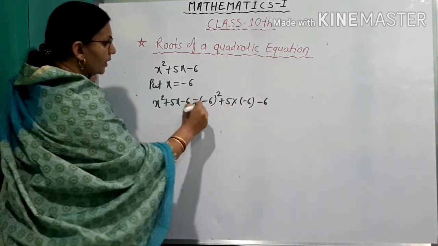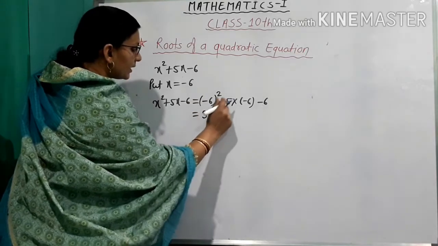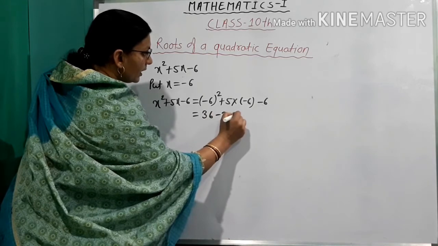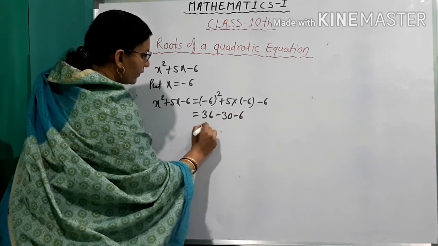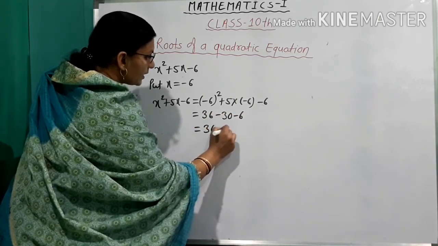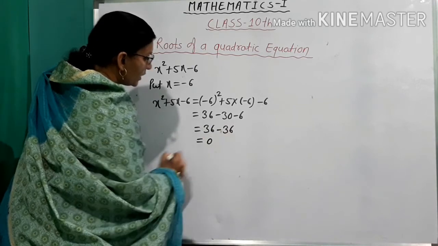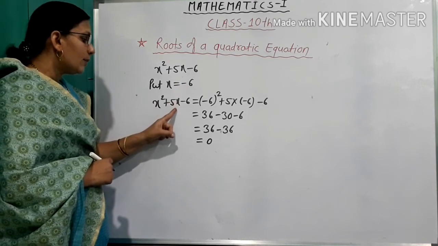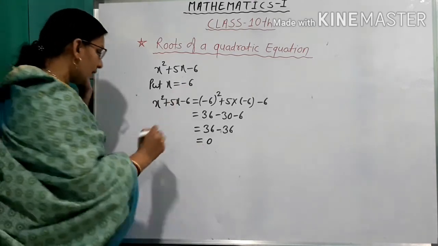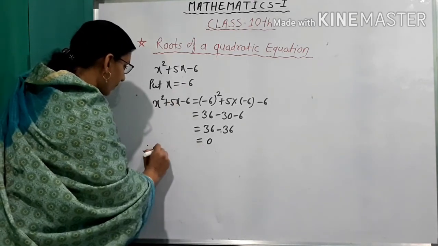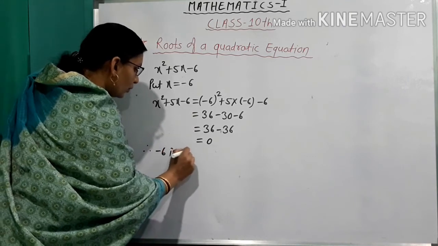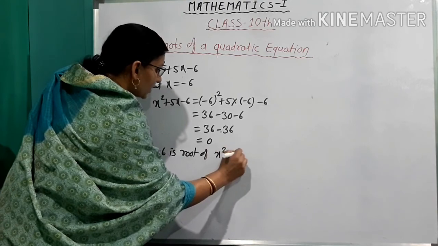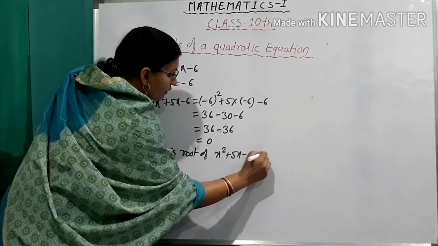Minus 6 square equal to plus 36. This is 5 into minus 6, minus 30 and minus 6, and therefore it is 36 minus 36 equal to 0. If we put x equal to minus 6, the value of this quadratic polynomial is 0. Therefore, minus 6 is root of x square plus 5x minus 6 equal to 0.